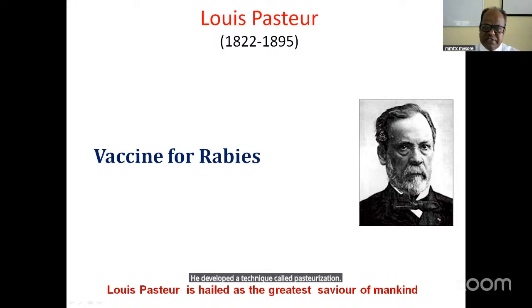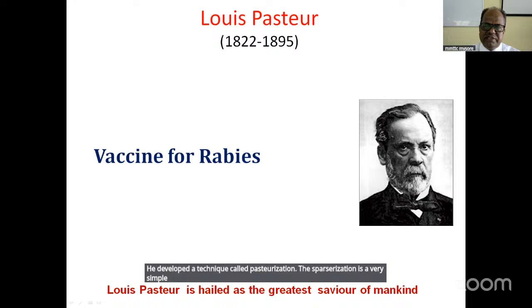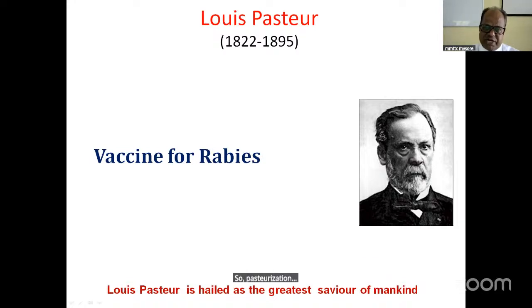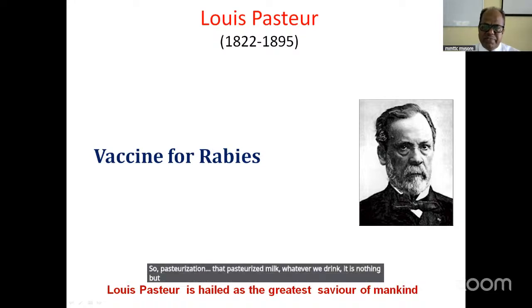Pasteurization is a very simple technique. It is just heating the grape juice at 80 degrees centigrade for just 30 minutes, without boiling. The pasteurized milk we drink is nothing but milk heated at 80 degrees centigrade for 30 minutes.